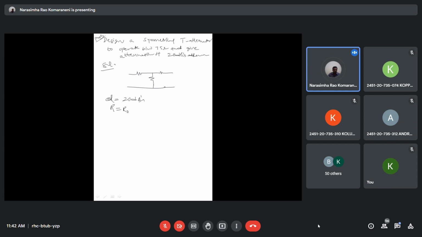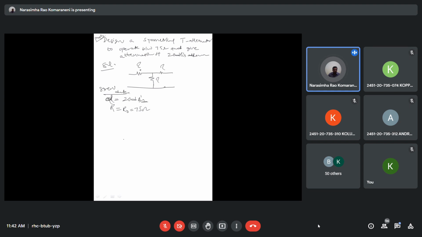These are the given data. Now we need to find out what should be the values of RA and RB, for which this circuit produces an attenuation of alpha equal to 20 decibels.